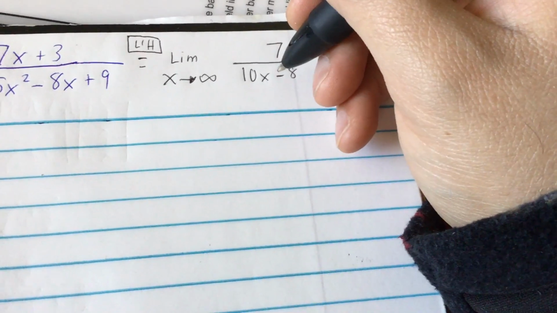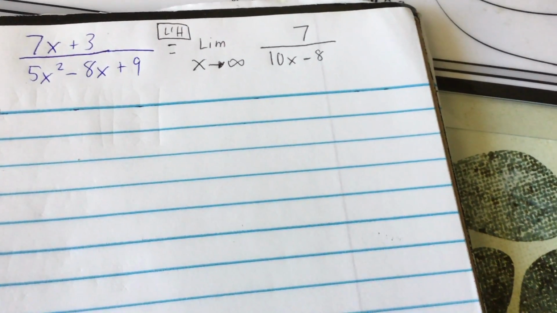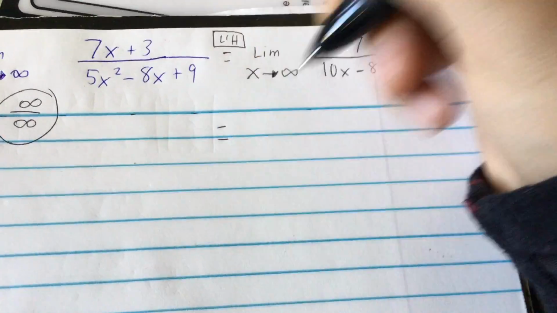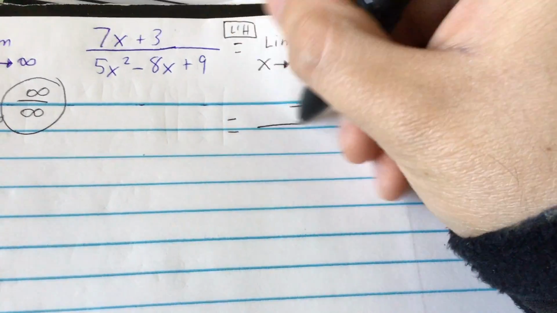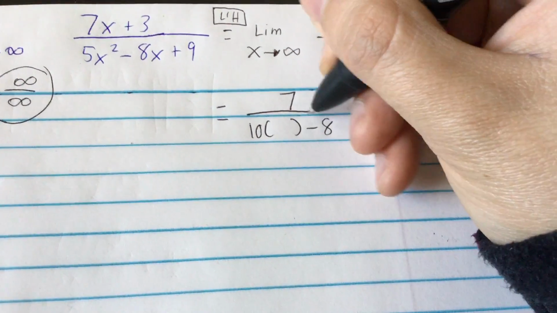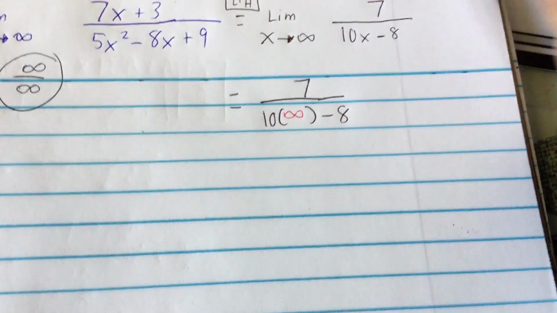Now, is it legal for me to plug in x equals infinity? Thank you, L'Hopital's rule. So my good buddy L'Hopital is going to give me 7 over 10 times infinity minus 8. So I'm going to plug in x equals infinity.